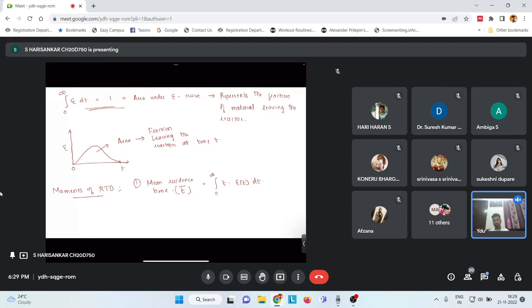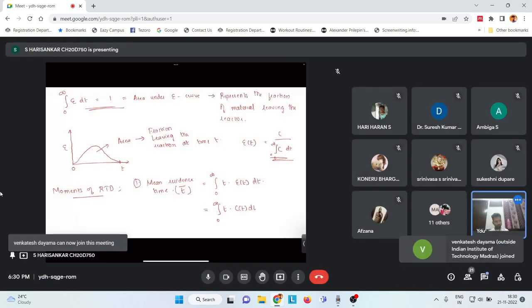You can even expand this, because E(t) is basically C divided by the integral from 0 to infinity of C dt, right? So you can apply this expansion here, and you can write your mean residence time as the integral from 0 to infinity of t C(t) dt divided by the integral from 0 to infinity of C dt.